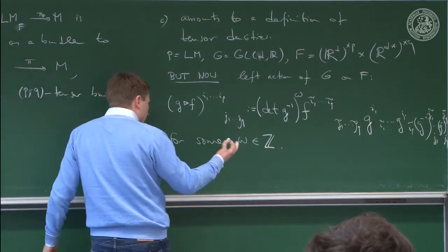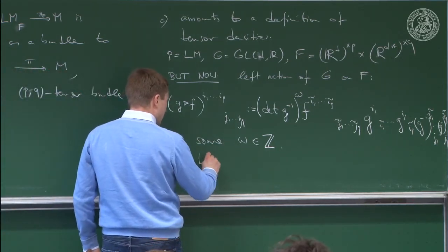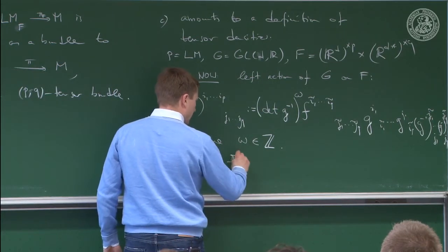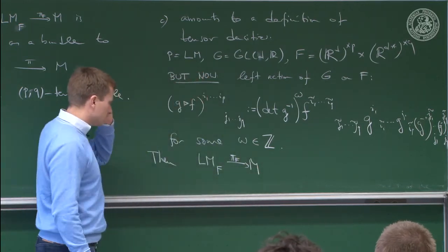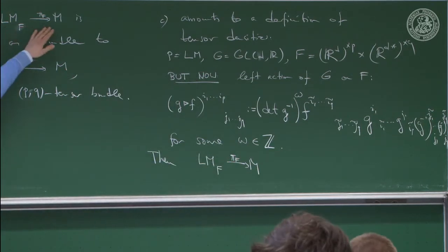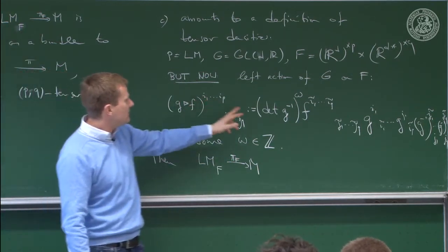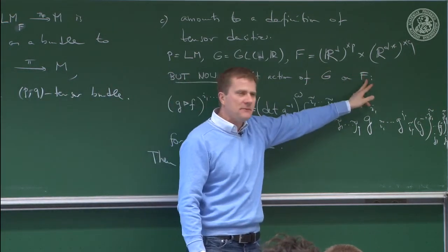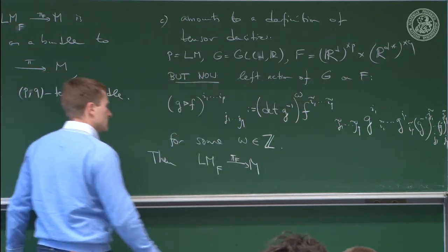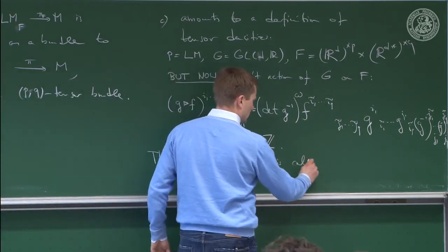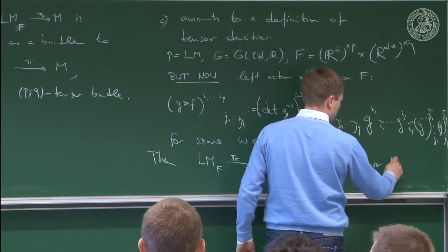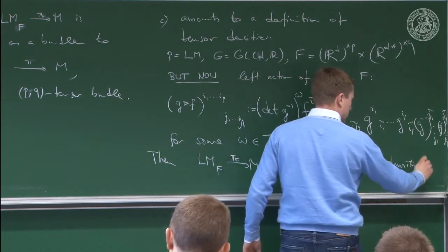So we have to call this LM sub this F, pi F, M, which only is distinguished from this bundle here, from this LMF pi F down to M, by the fact that the left action of the same group on the same fiber now picks up such a factor. It is called the tensor density bundle.